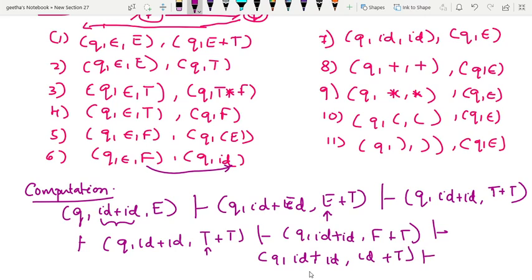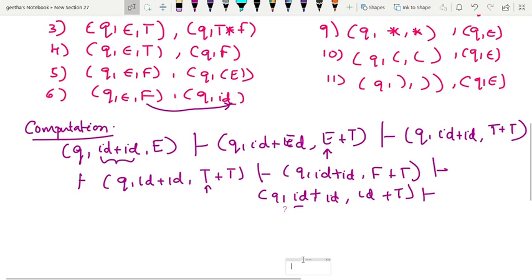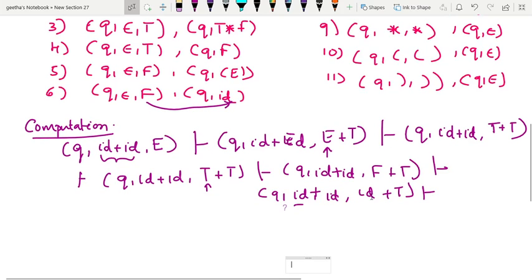Now you can check that the first symbol of the input matches with the other symbol: ID matches with ID. So this can be removed from the input as well as the stack.